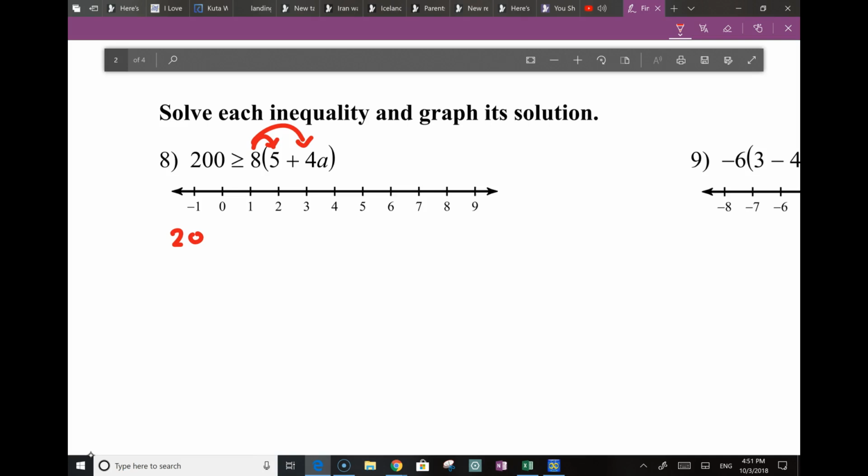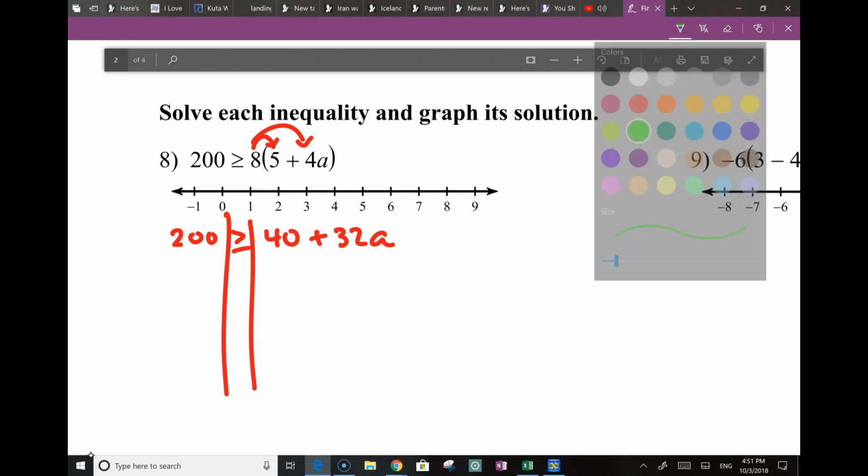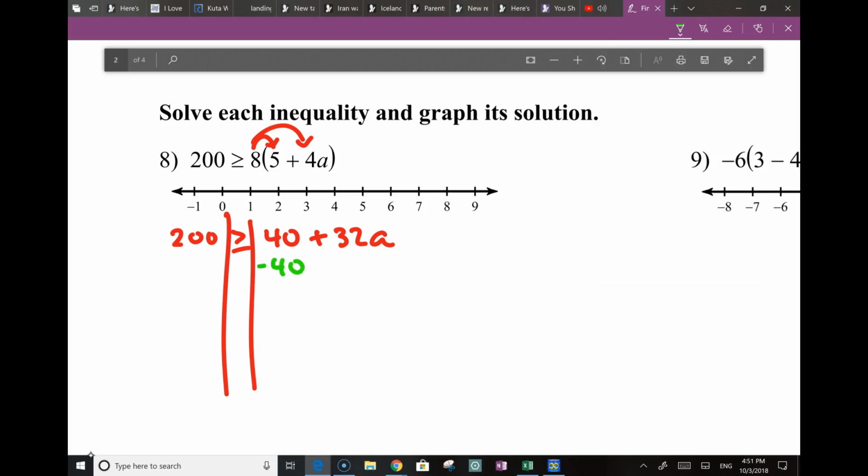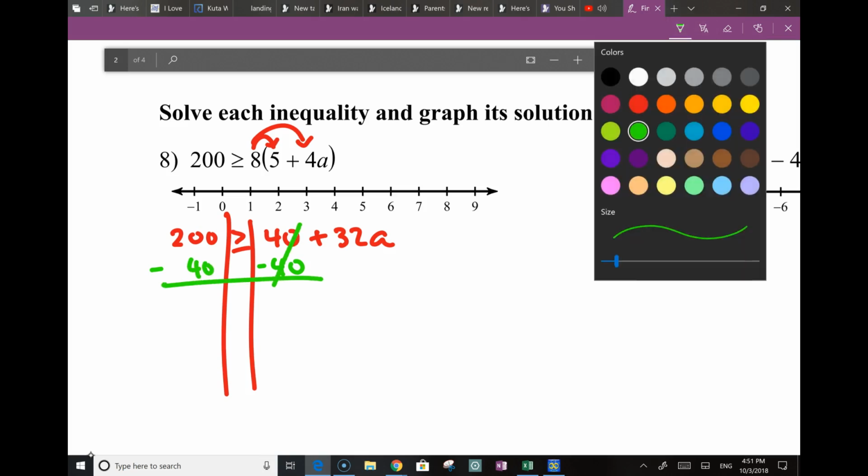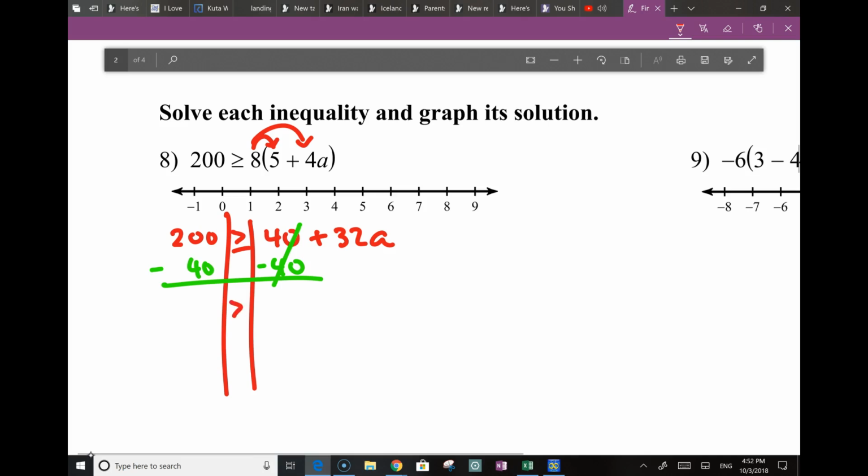So what I get is 200 is greater or equal to 40 plus 32a. Treating this as a regular equation, I'm going to use my equation solving skills. So we're going to subtract 40 on both sides. That disappears, and I get a brand new value on the left side.